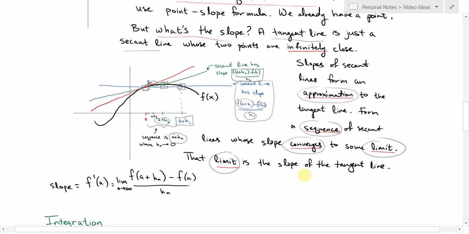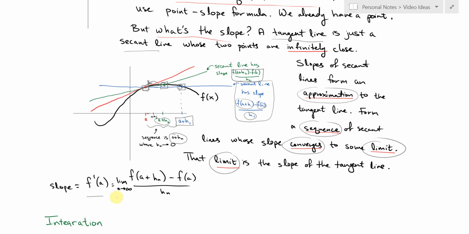So the slope goes by the name of derivative here, the derivative of f at a, and it's given by this formula. The limit, as n runs to infinity, of, these are the formulas we had for the slopes of the secant lines, f of a plus hn minus f of a over hn. And this may not be the formula quite as you remember it.